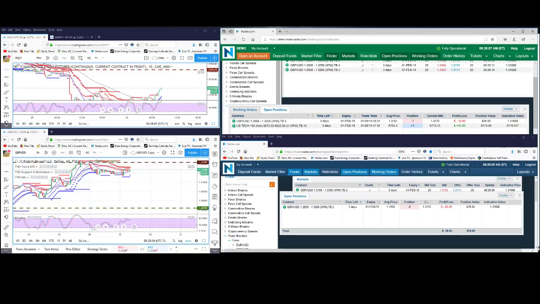And again, the demo is on top and the live account is on the bottom.